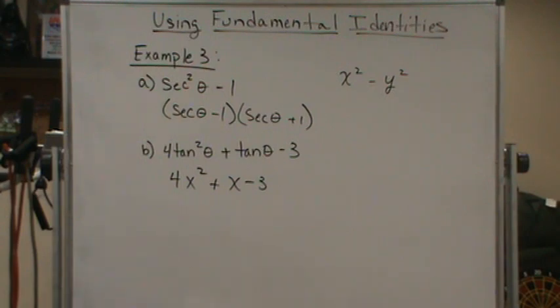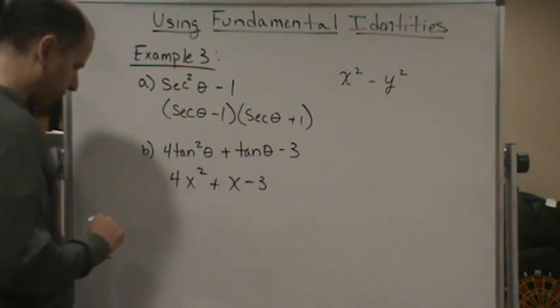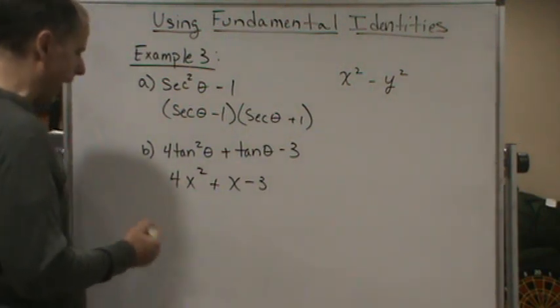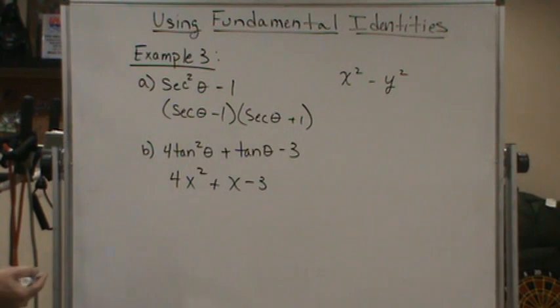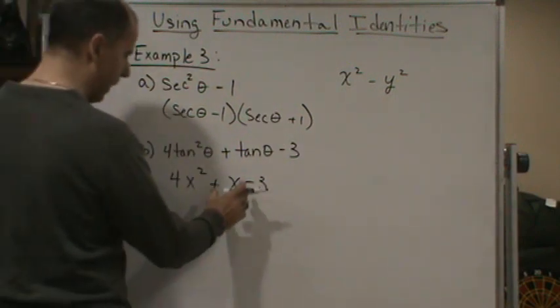And so, let's do that here, right? So I'm looking for factors of negative 12 that equal 1. Or I can use the method of decomposition.